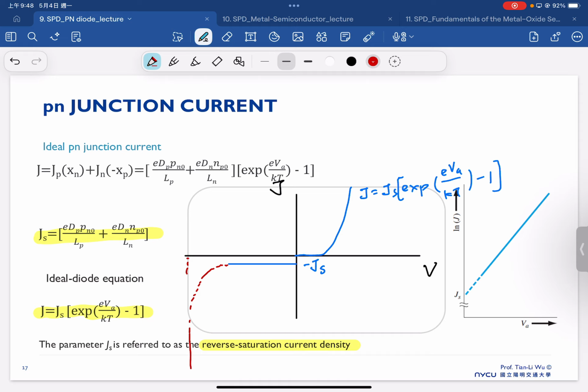So that's the breakdown. And therefore, this is our full IV characteristic for one ideal diode. We consider the first quadrant and then the third quadrant of the forward and reverse bias.